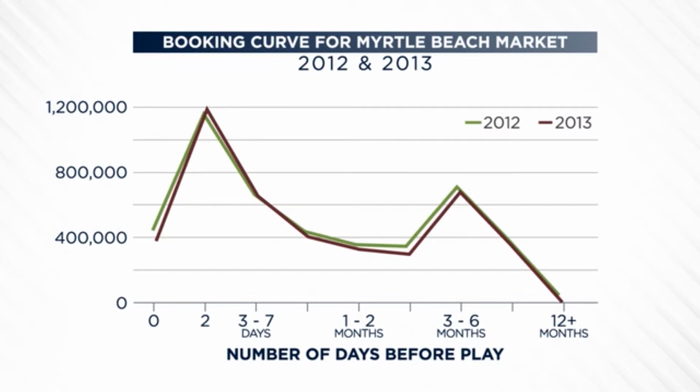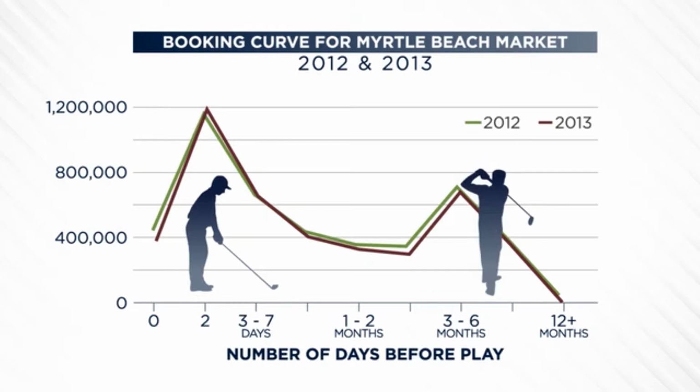So that tells us that we've got very immediate short-term bookers and also those who are very anxious to have a good golf experience and want to nail it down way in advance of play. It might suggest to us that there are 2 different types of golfers in this market, and we could explore that in more detail.